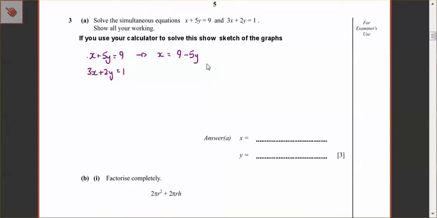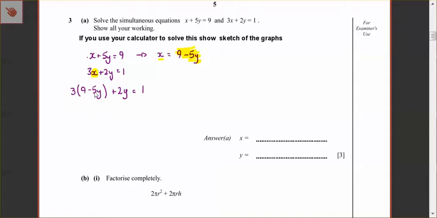Everyone okay with that? Then substitution comes from the fact that this is the same as x, so you put it in here. So it becomes 3 times (9 minus 5y) plus 2y equals 1. What do we do now?